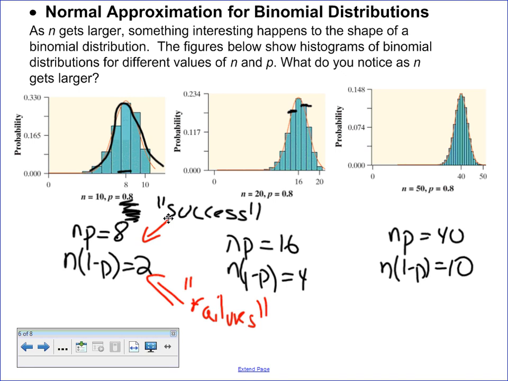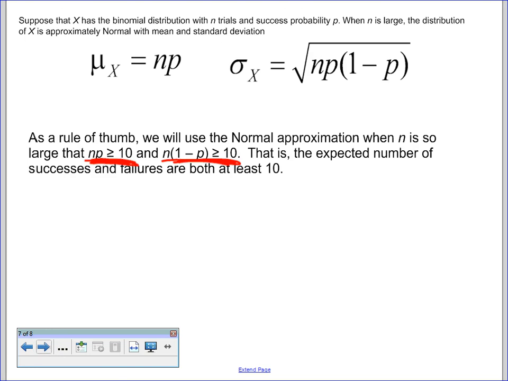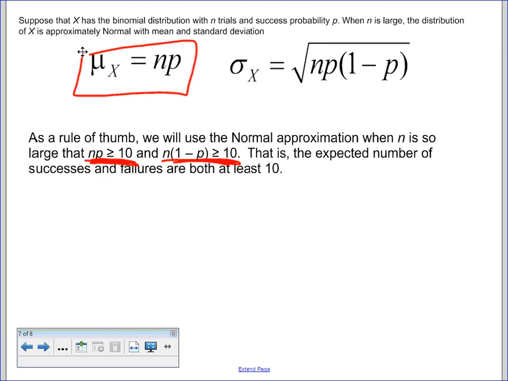And so if the number of successes and the number of failures get greater than 10, then our distribution becomes approximately normal, and it's very easy to find the mean of that normal distribution, and it's very easy to find the standard deviation of that normal distribution. Which means that all of a sudden, anything that has a binomial setting, we can really quickly figure out the chance that it will be above or below a certain point.